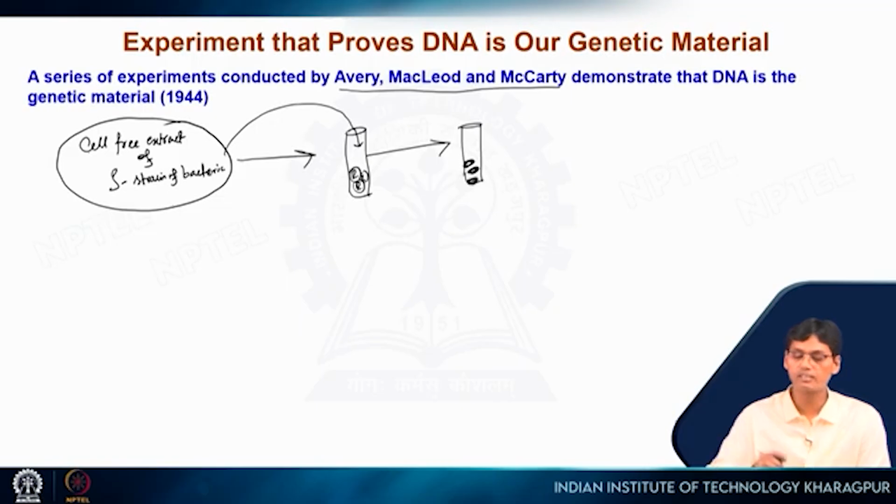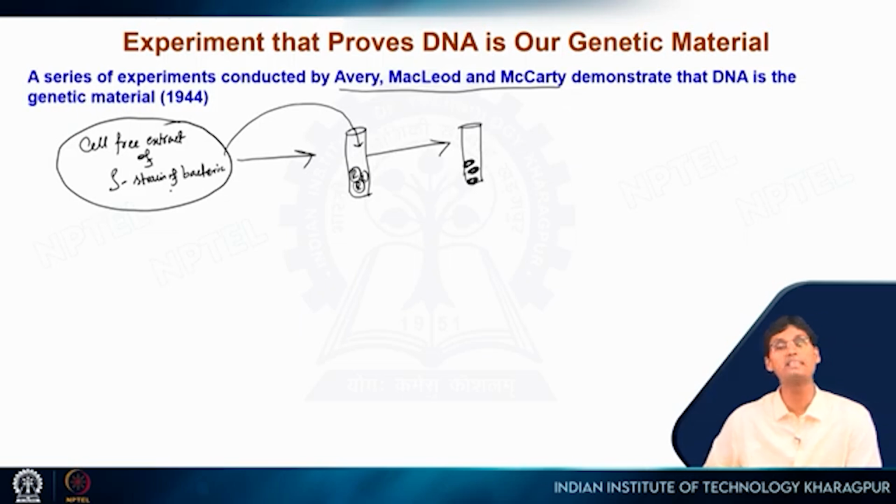That means they avoided the use of mouse, but still you can tell that the cell-free extract of this S strain of bacteria can convert R strain into S strain.